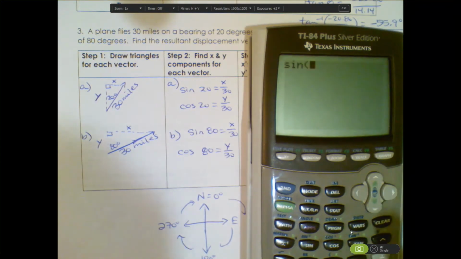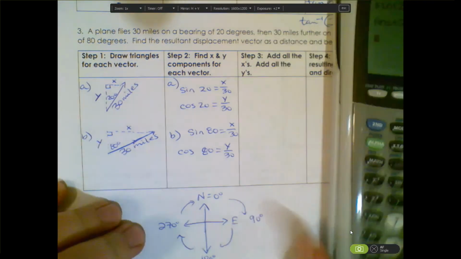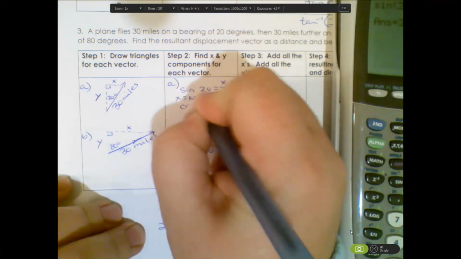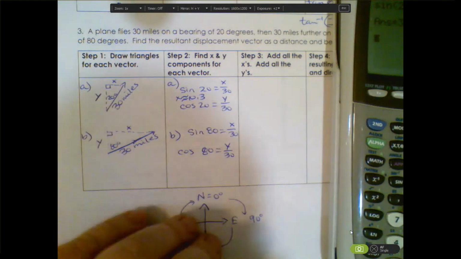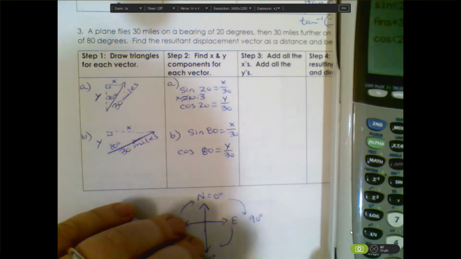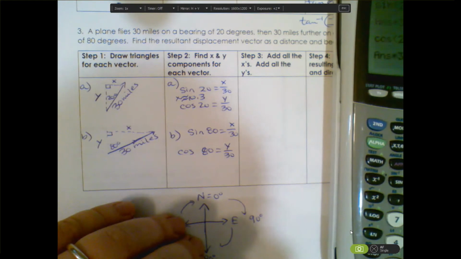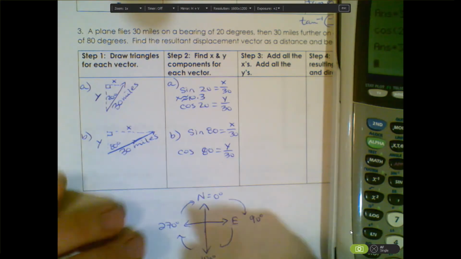The sine of 20 times 30, so about 10.3 approximately. Okay, then we have the cosine of 20 times 30, approximately 28.2.